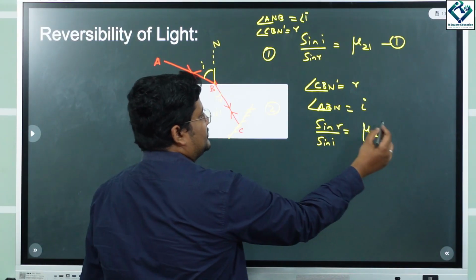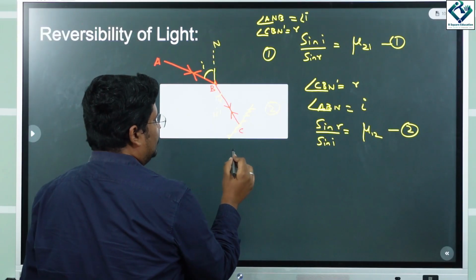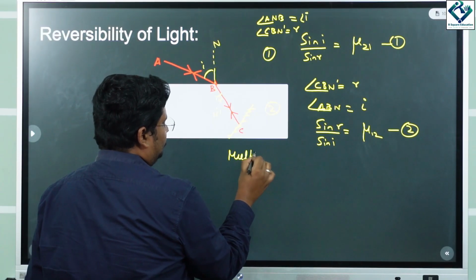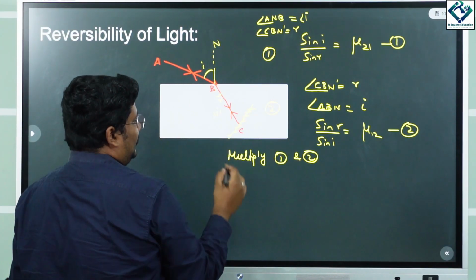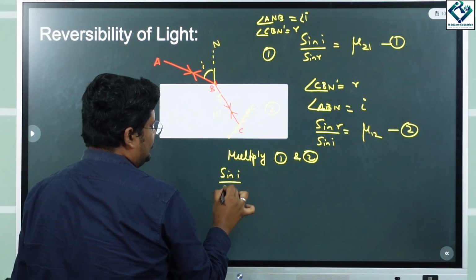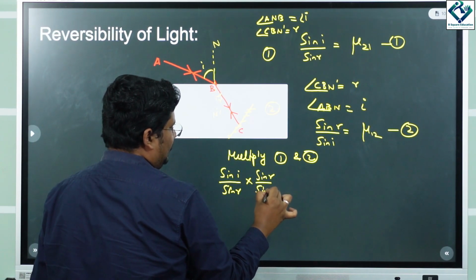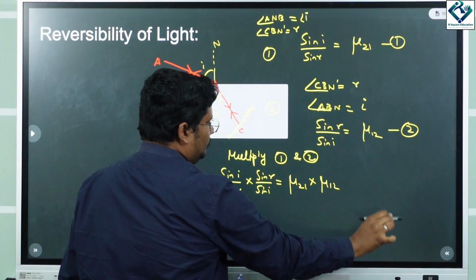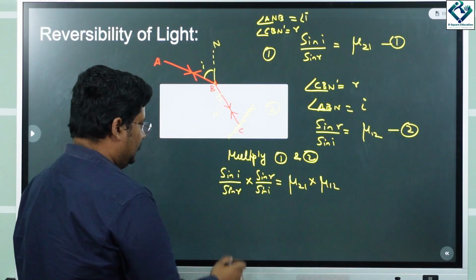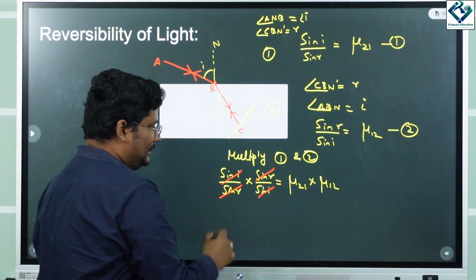Right? Okay, so now what you have to do is multiply 1 and 2. So what will happen? Sin I by sin R into sin R by sin I is equal to μ21 into μ12. Correct? Now sin I cancels, sin R cancels, sin I cancels.